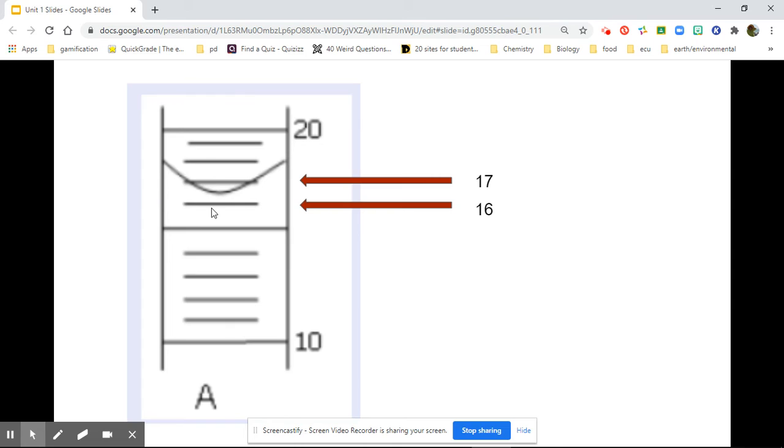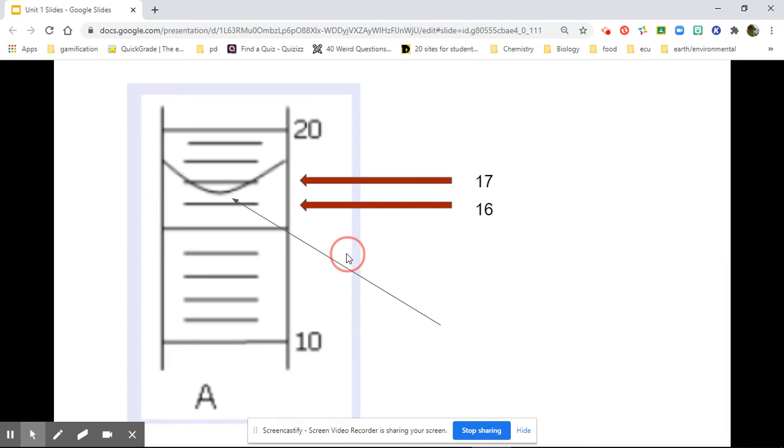But our watermark, you can see, is not on the 16 or the 17. It's in between those two, which is why we get a chance to estimate that next number for our answer. So the level is more than 16, but less than 17, and we have to estimate what that number in the middle is.